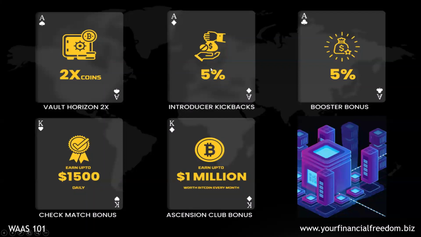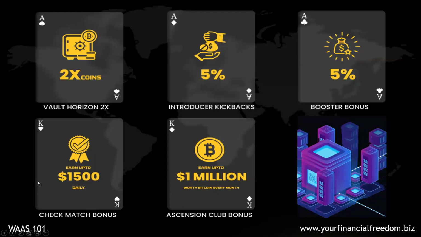That's another kickback. Once you introduce more than 2 people, anybody else you introduce, you'll get 5% of that. You have booster bonus. Anytime you or anyone that is directly connected to you boosts, meaning buys another miner, you will get 5% of that.